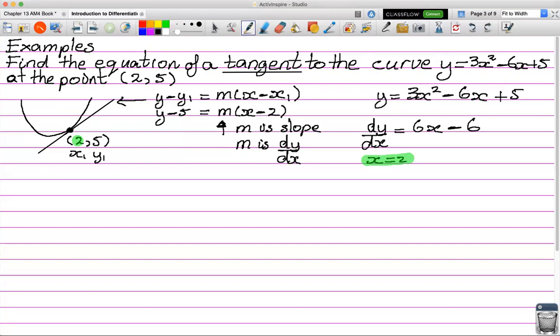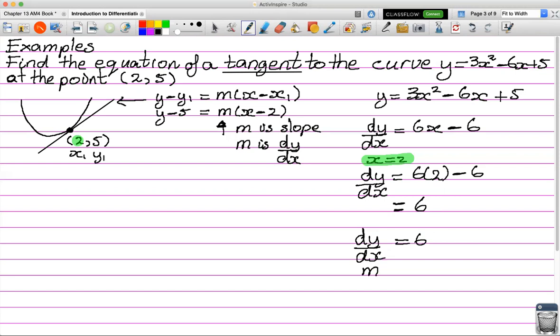So we now have got dy dx is equal to 6 on 2 minus 6. Oh no, sorry, brain's going. 6 times 2 is 12. 12 takes 6, so the slope is equal to 6. So dy dx is equal to 6.